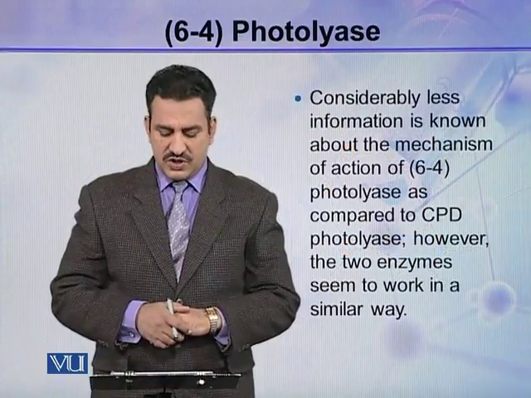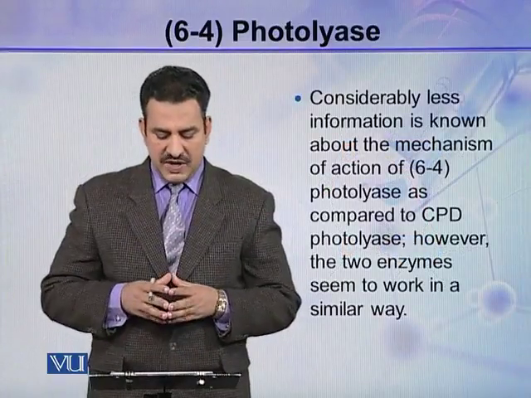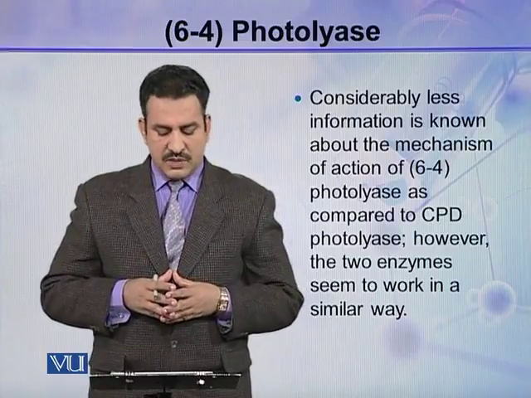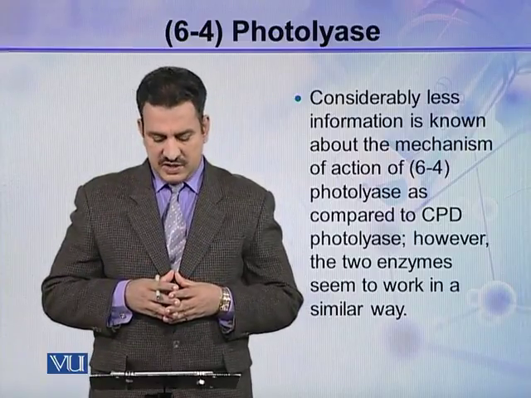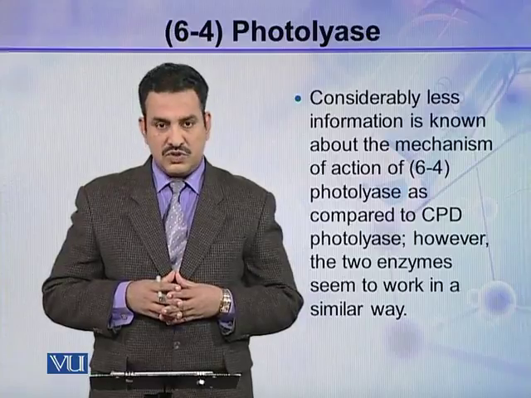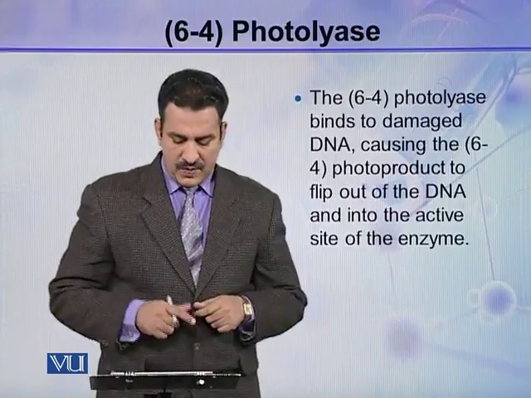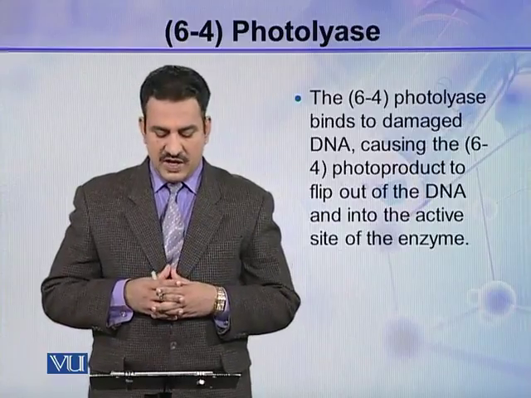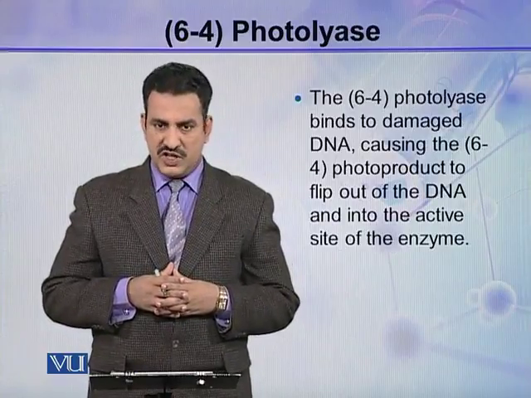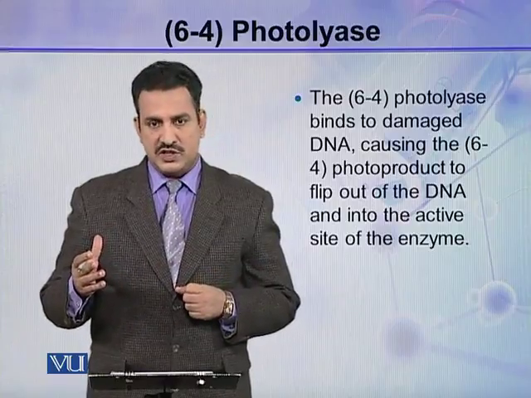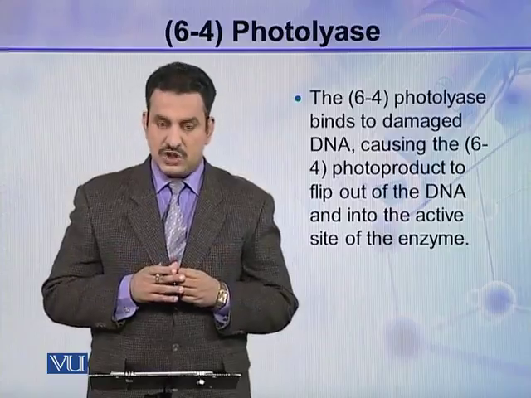Considerably less information is known about the mechanism of action of 6,4 photolyase as compared to CPD photolyase. However, the two enzymes seem to work in a similar way. The 6,4 photolyase binds to damaged DNA, as you know, CPD photolyase binds to CPD.